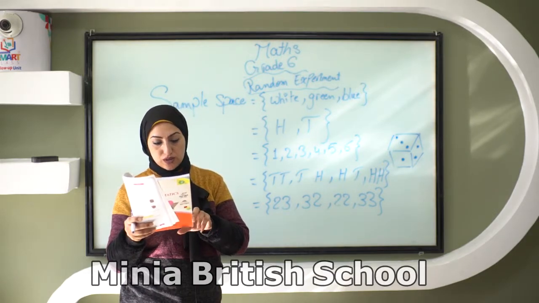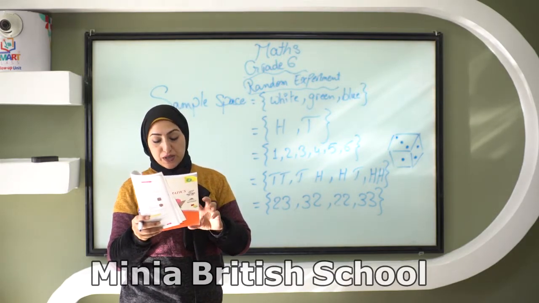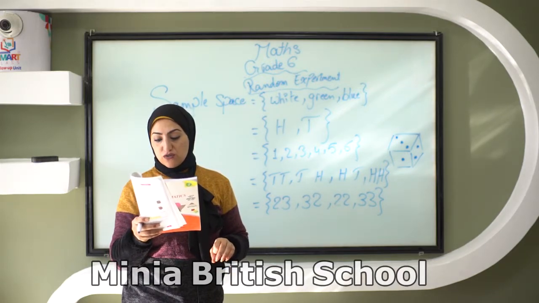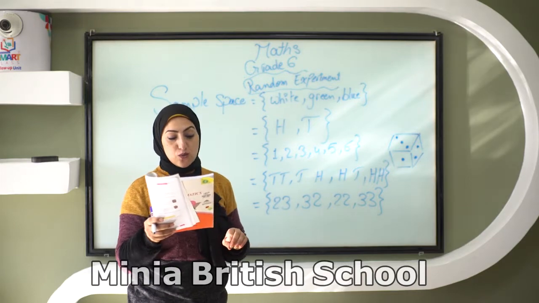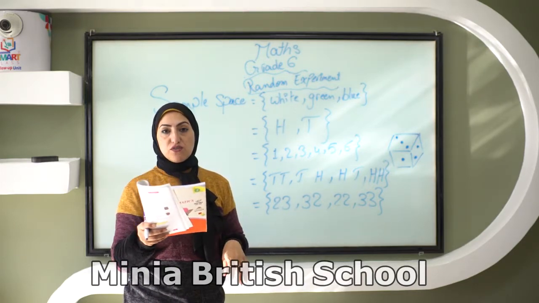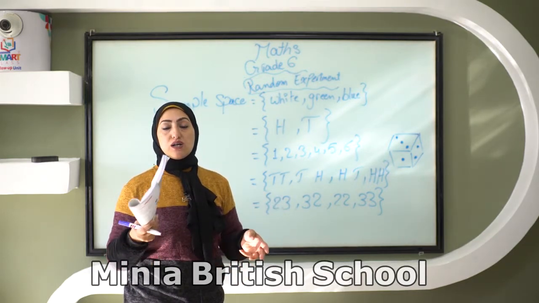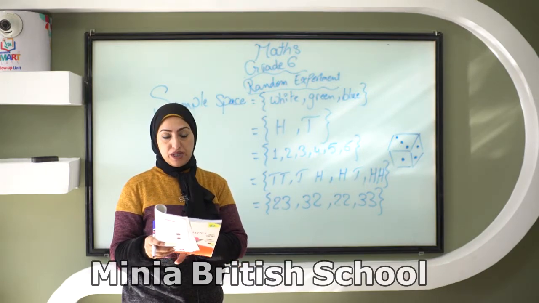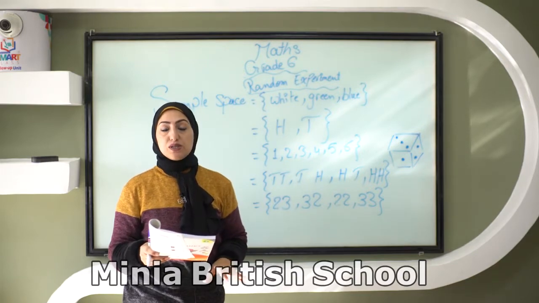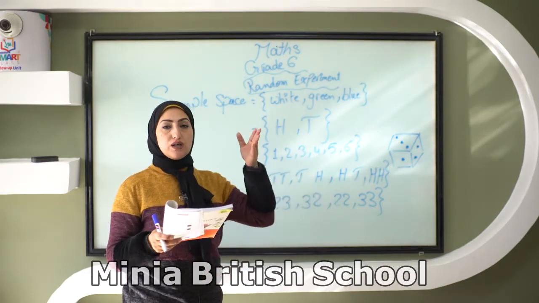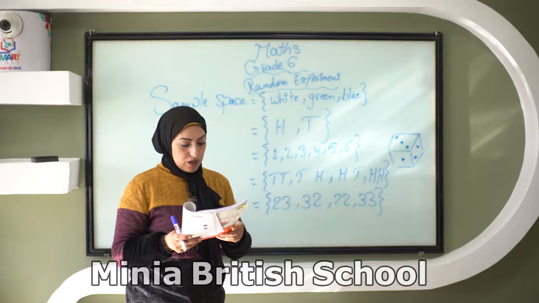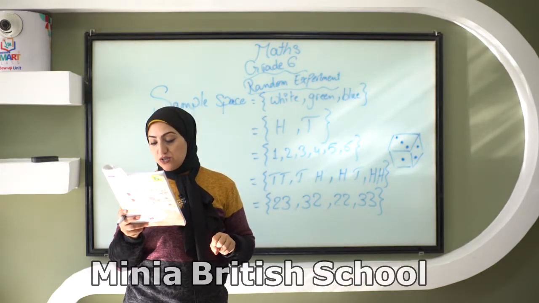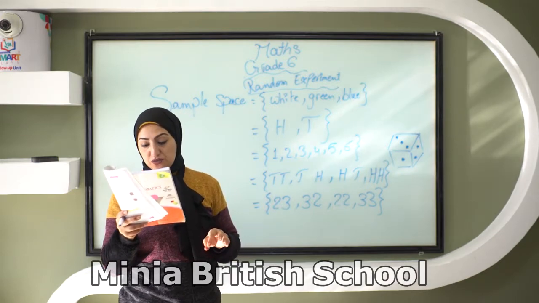The next one: if the random experiment is visiting one of your relatives to know the gender of the child produced by his wife, write the sample space. The gender means the kind of the baby. So the sample space will be boy and girl.